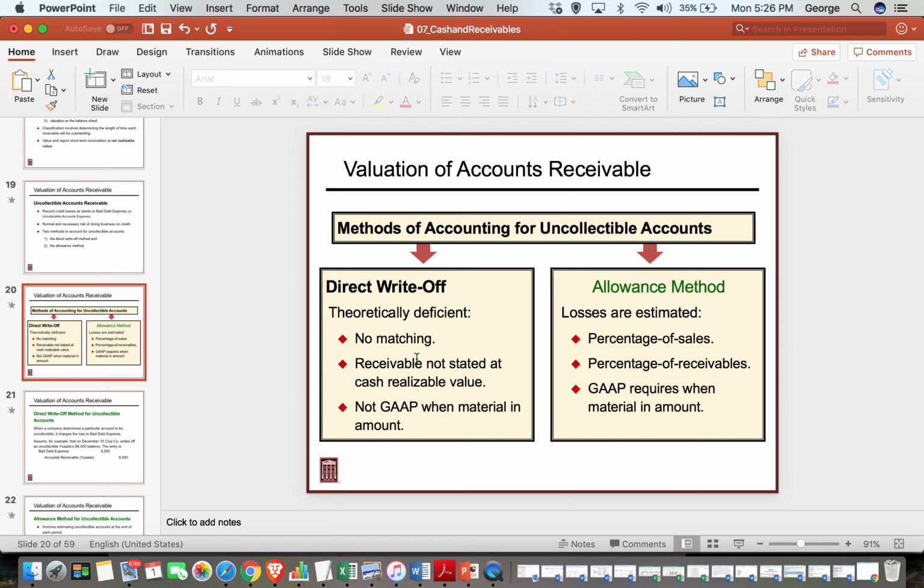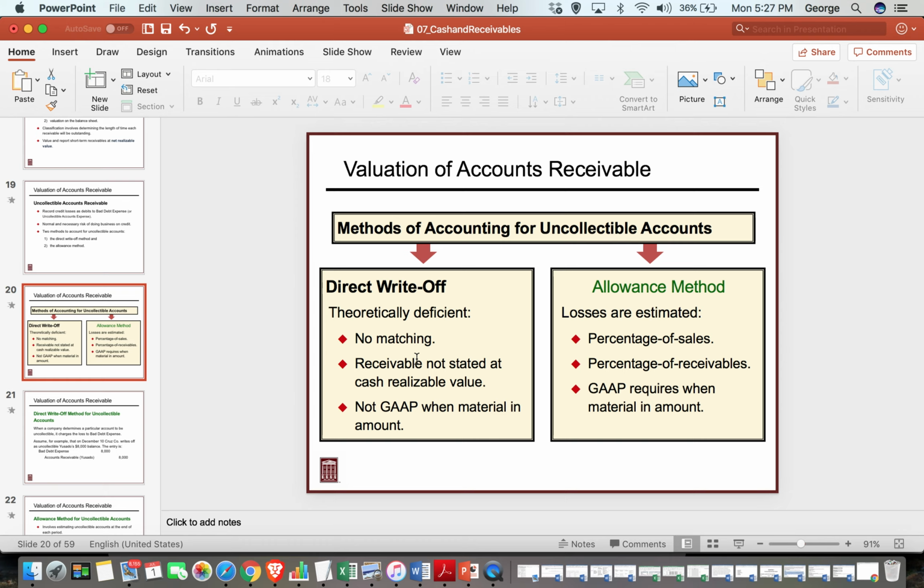It's not GAAP if it's material in amount, and normally these amounts are 2 or 3% of sales in aggregate. So not GAAP, in aggregate, if it's material. So bad debt expense could typically be 2%, 3% of total sales. So normally the auditors are going to consider it material.